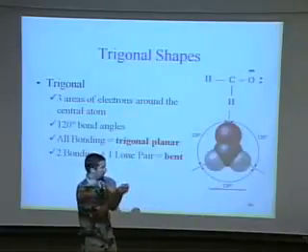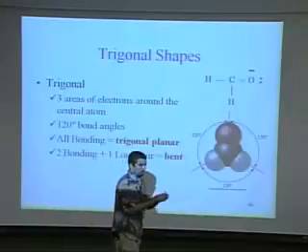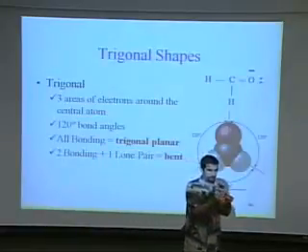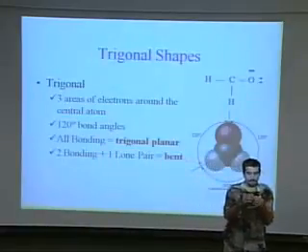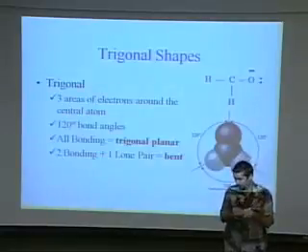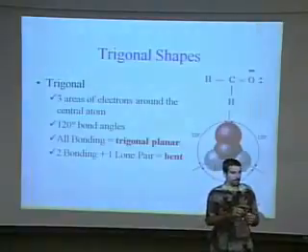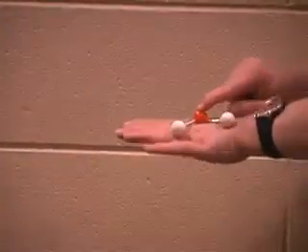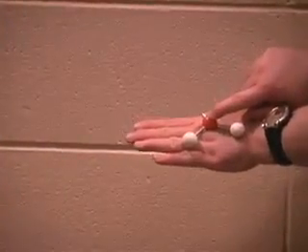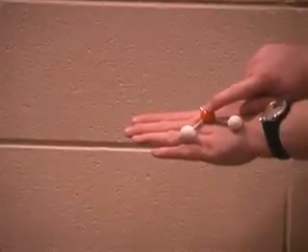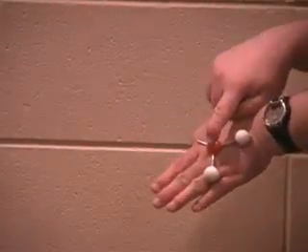However, here's what's important. What if I had this arrangement, but instead of having this thing bonded to it, I had this? I'm going to leave this spring. What this spring represents is not a bond, but two electrons that are just buzzing around the top of this atom. Okay? They're not involved with bonding, but they're there.